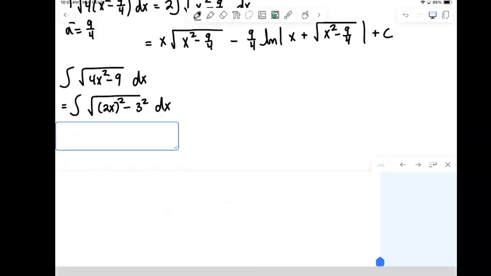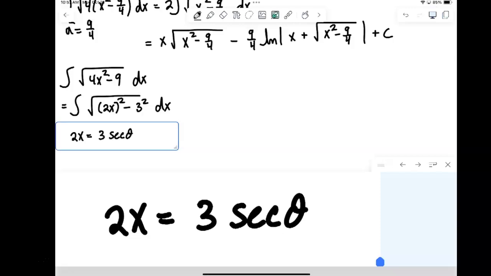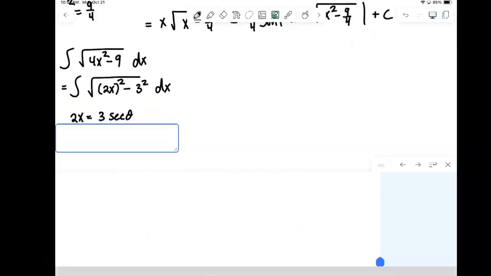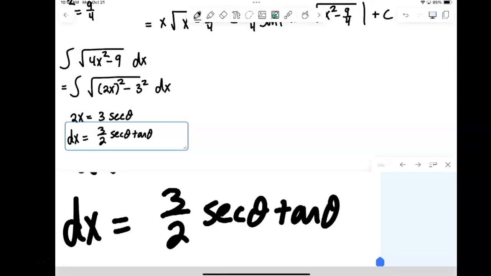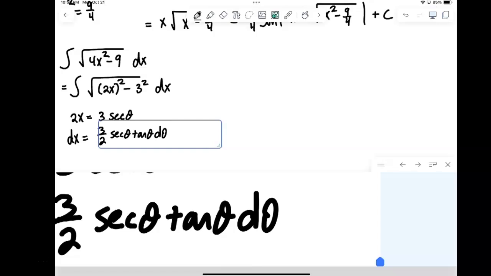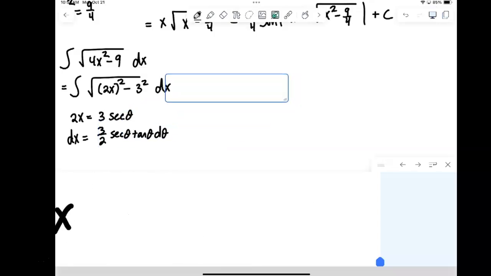So we can do the substitution 2x equals 3 secant theta. And we can differentiate. When I do that, I would get 2 dx, but I'm going to divide by the 2, so I'm going to get 3 over 2 times the derivative of secant, which is secant tangent d theta.